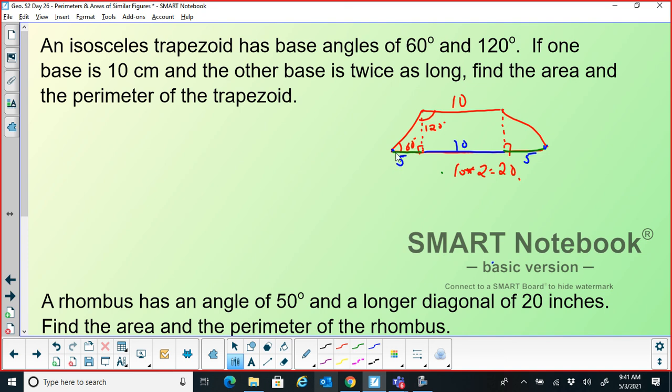Using the Pythagorean theorem or trig ratios, I can find this hypotenuse and opposite side. I've been given adjacent. So I can use cos 60 degrees. Cos 60 degrees is nothing but adjacent over hypotenuse.